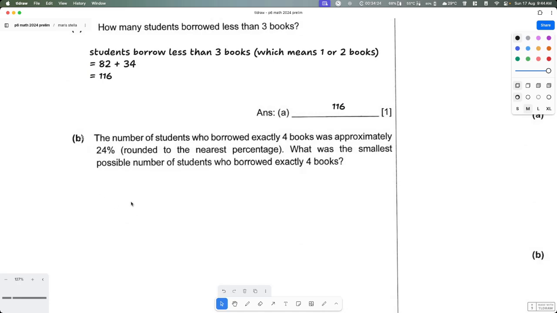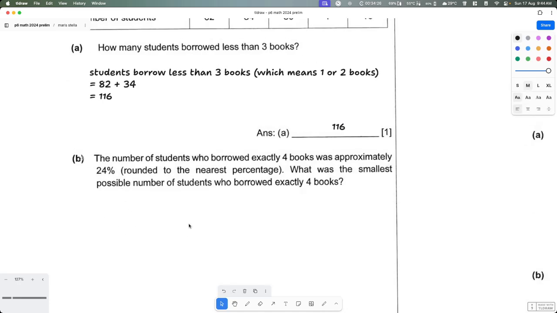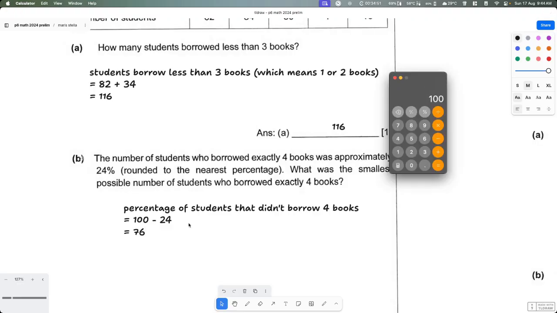First we need to get the percentage of students that didn't borrow 4 books, which is 100 minus 24, in this case 76%. Double confirm with the calculator, 100 minus 24 equals 76%.